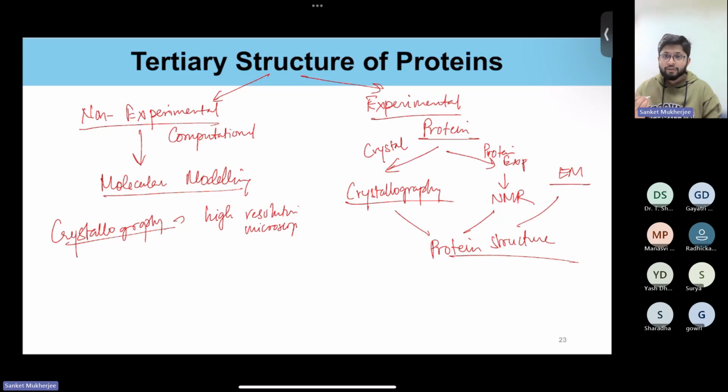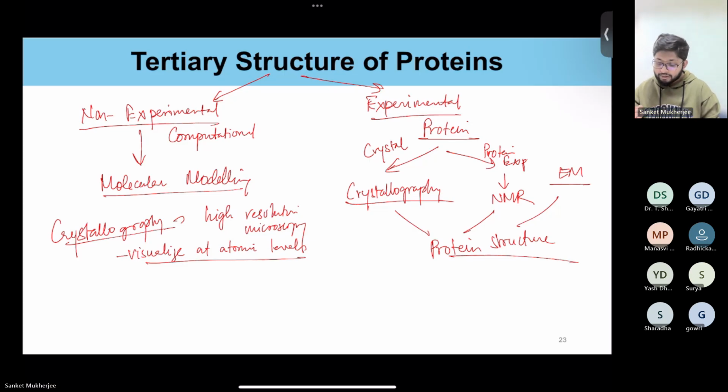So it helps us visualize protein at atomic levels. If you have seen the PDB database and the different protein structures deposited there, most of them are done with X-ray crystallography or NMR.